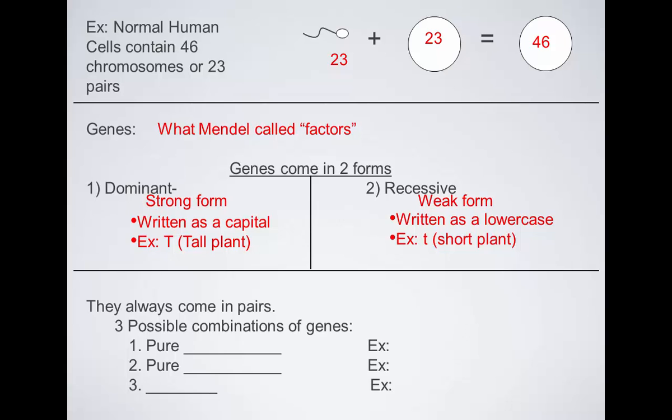So if you look at any pea plant, each one has two genes for how tall the plant is. And there are three combinations you might have. Some pea plants might be pure dominant. What do you think that means? What two genes do they have if they're pure dominant, just based on what those words mean?